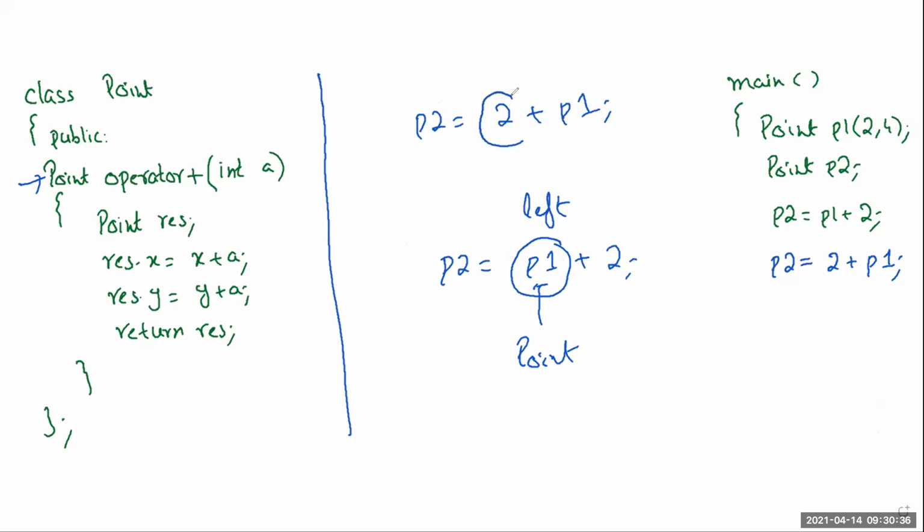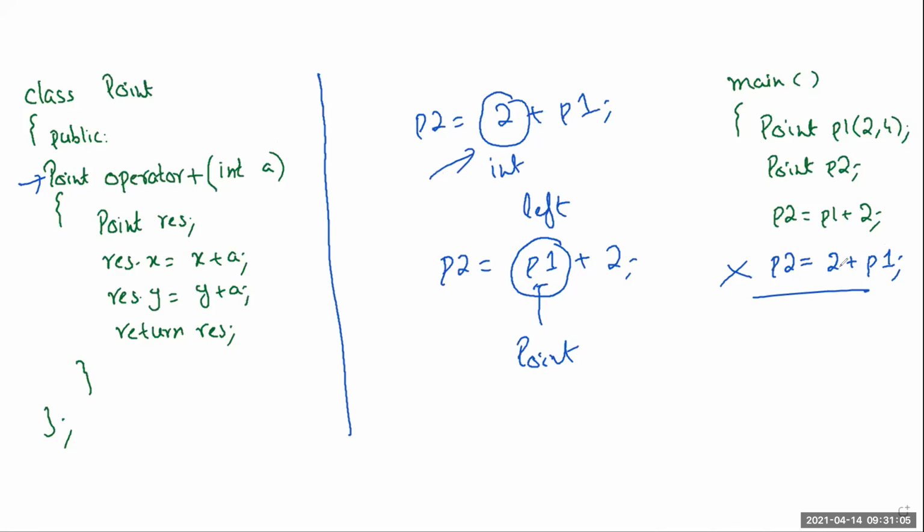On the left side there is no object, there is an integer. So there is actually no class. This is a basic data type. Integer is not a class. So where will it find the function, because this is not even a class? If you write like this it will give you an error. Why? Because on the left side it was expecting an object of a class, so that it can go to that class and call the function, and the second argument p1 should be passed as an argument.